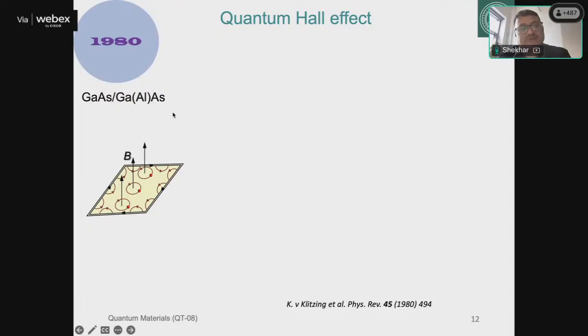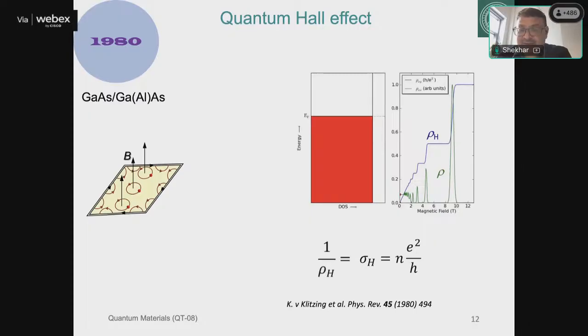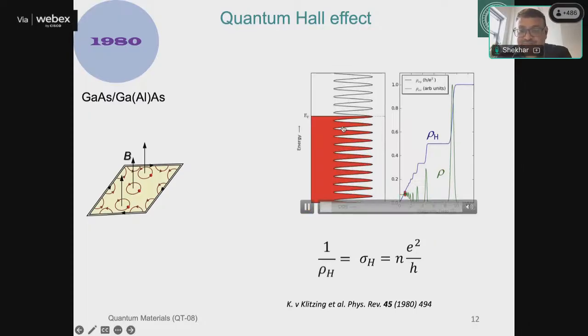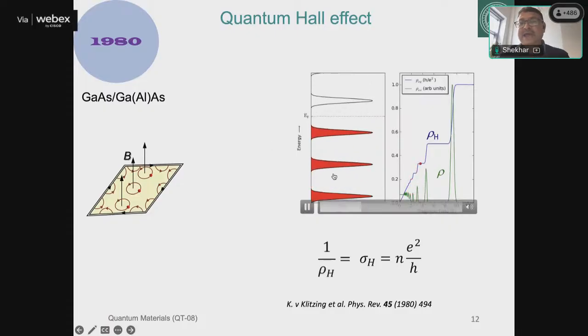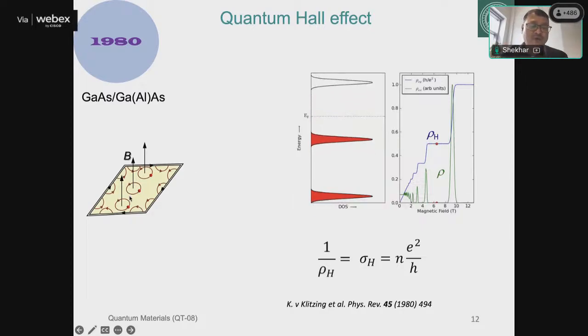When we take a two-dimensional system, the condition is that the two-dimensional system should be very pure and a magnetic field applied. I already showed you that graph. But here, what is happening physically inside the two-dimensional system?